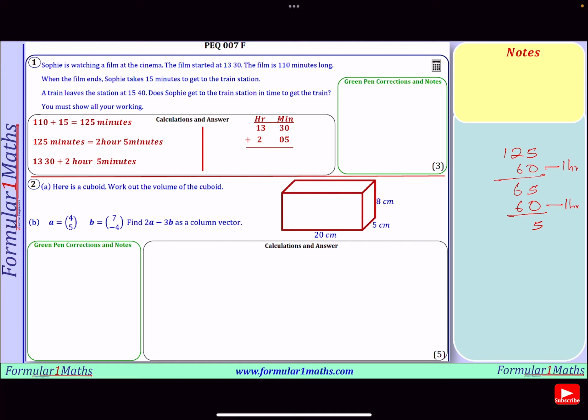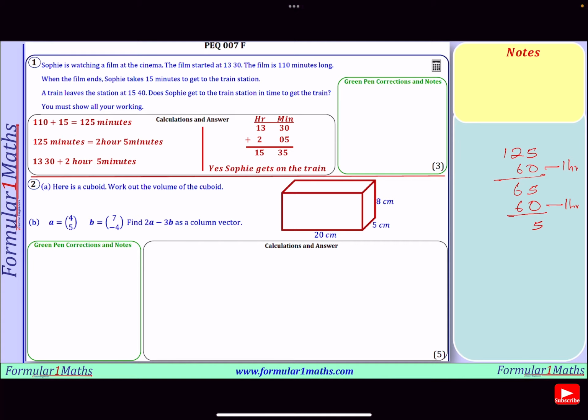So let's add them, and when we add them, we get 15:35. So it means that Sophie gets to the train station at 15:35, but the train leaves the station at 15:40. That means Sophie catches this particular train. So our answer is yes.